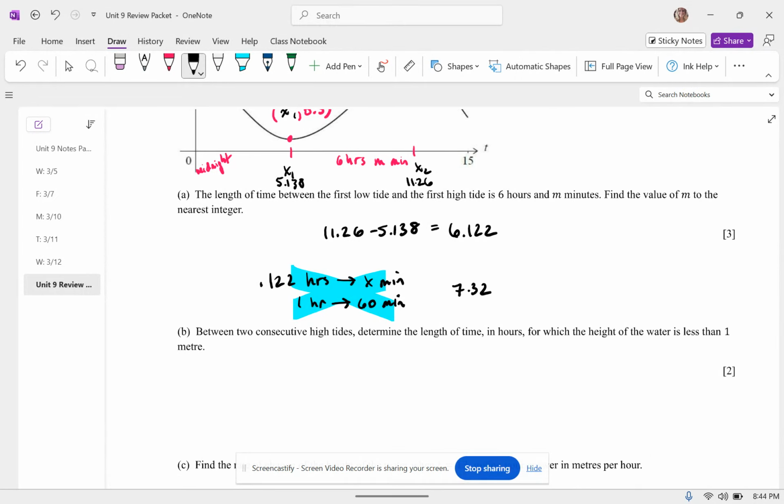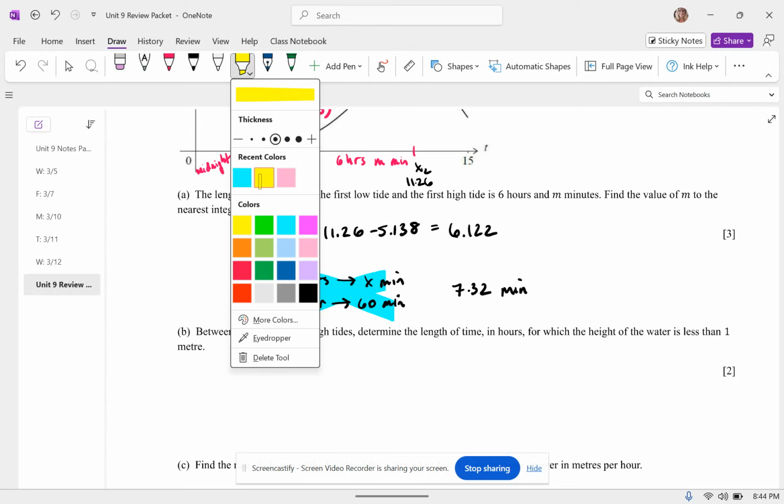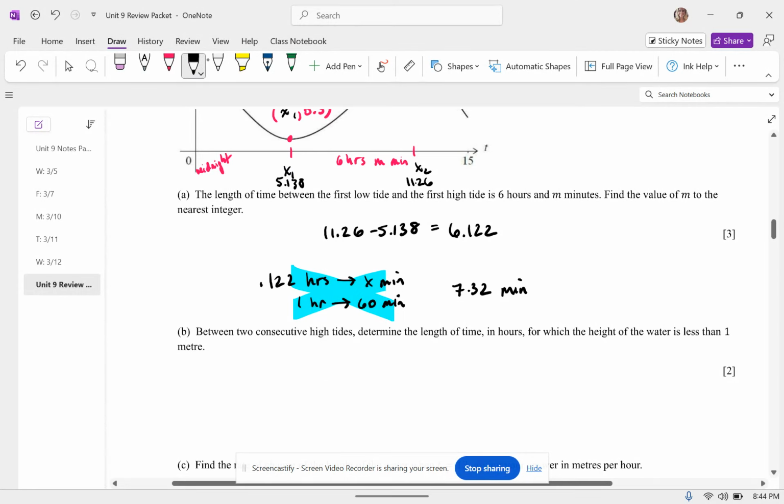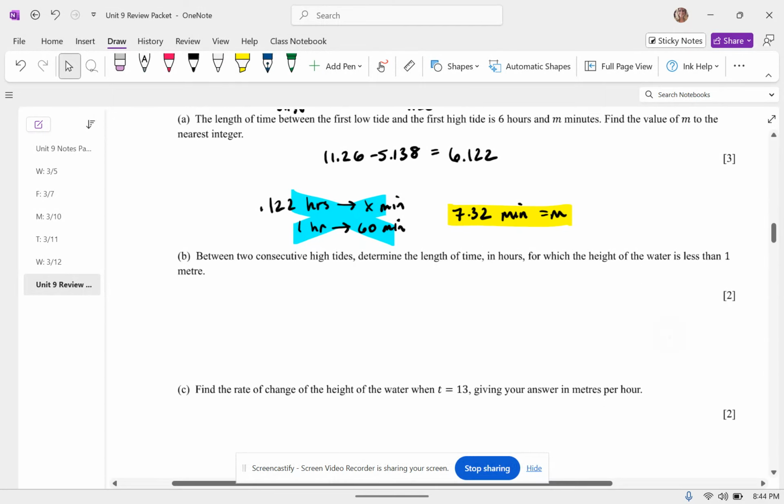And depending on your float settings, my float was rounding pretty early, so this could be off by a few minutes or seconds depending on what your graph is set to. So if you got anything in the ballpark from 7 to 10 minutes, you're good. So this is going to be our m value here. So m is 7.32 minutes. All right, cool.